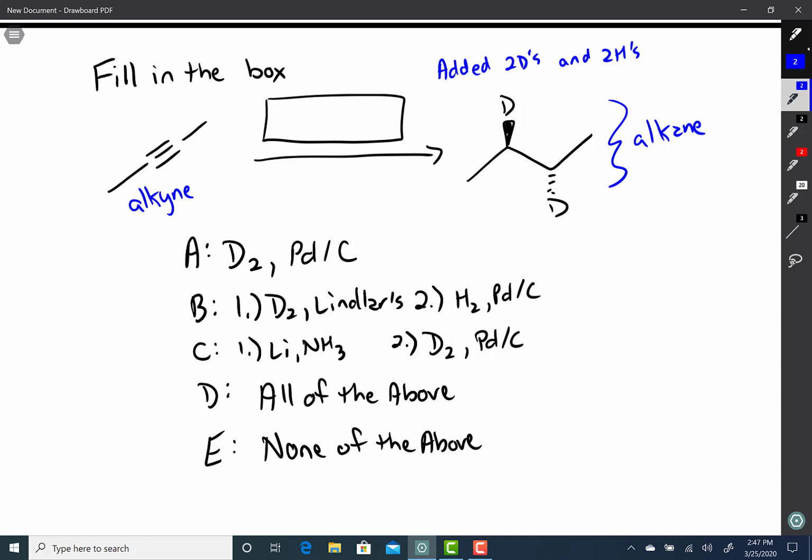Now, our choices, how to do this. The way we can react alkynes is we can bring them down to alkenes and alkanes.